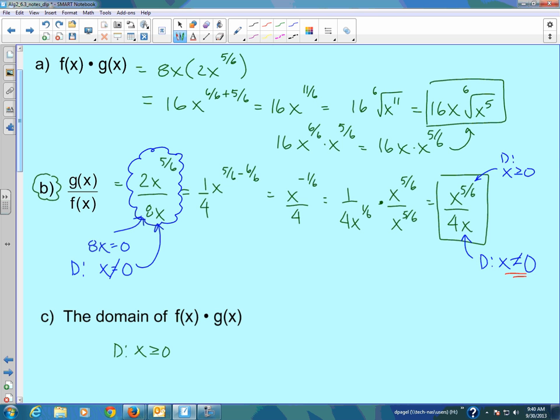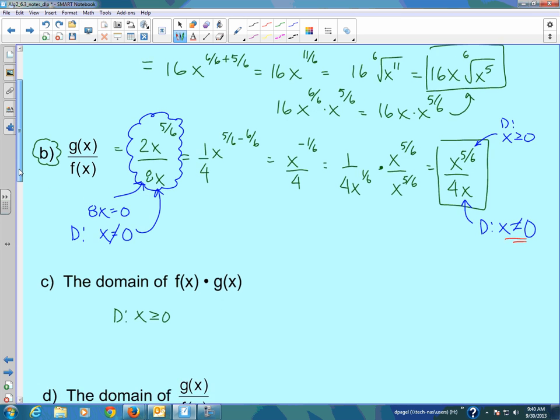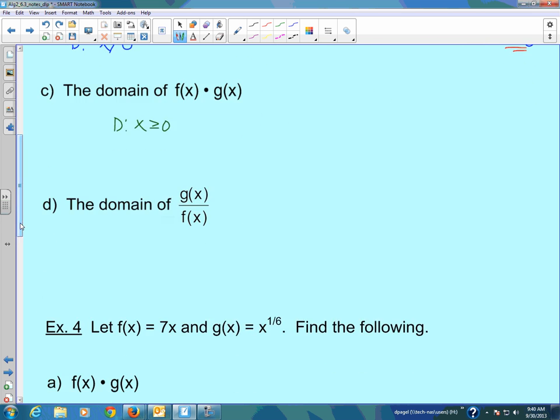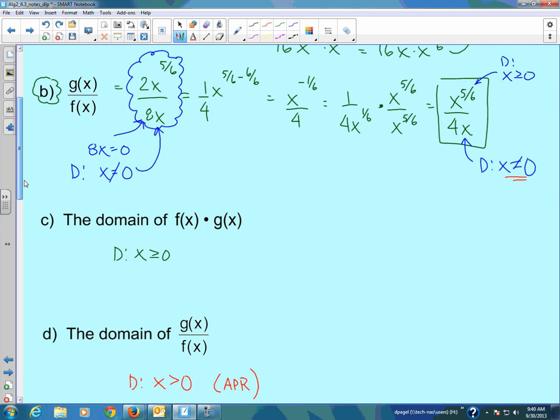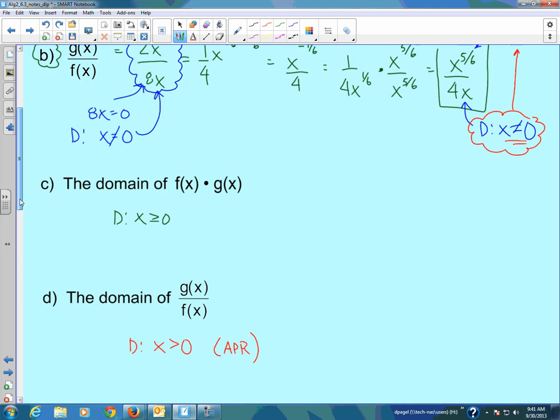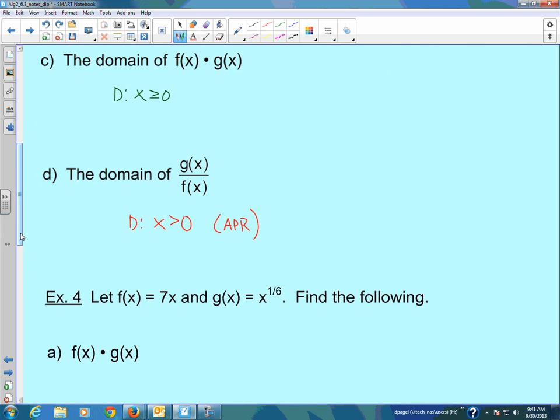And so because x cannot equal 0, I'm going to have to state that the domain of the division between these two must simply be greater than 0, or this is an APR, all positive reals scenario. So this one ended up controlling the fact that x can't be equal to 0. It just simply had to be greater than 0 for the domain.